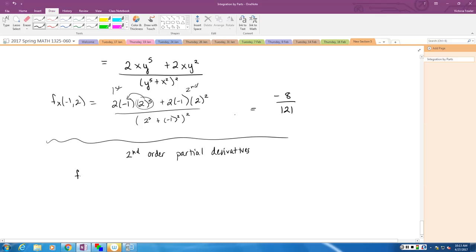The way that would look would be you would see two subscripts. So I'm writing f and then two subscripts x. That's saying find the second order partial derivative of f with respect to x twice is really what it's saying. There's also, as you can imagine, with respect to y twice.